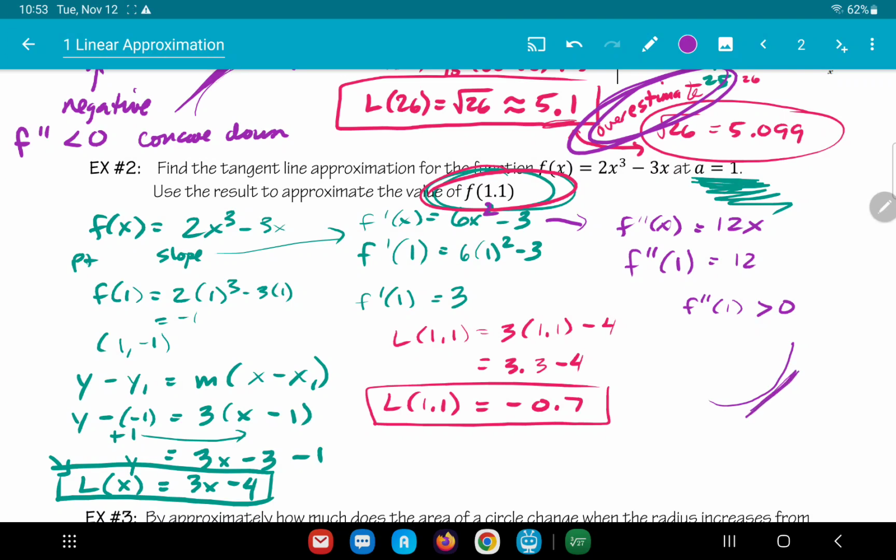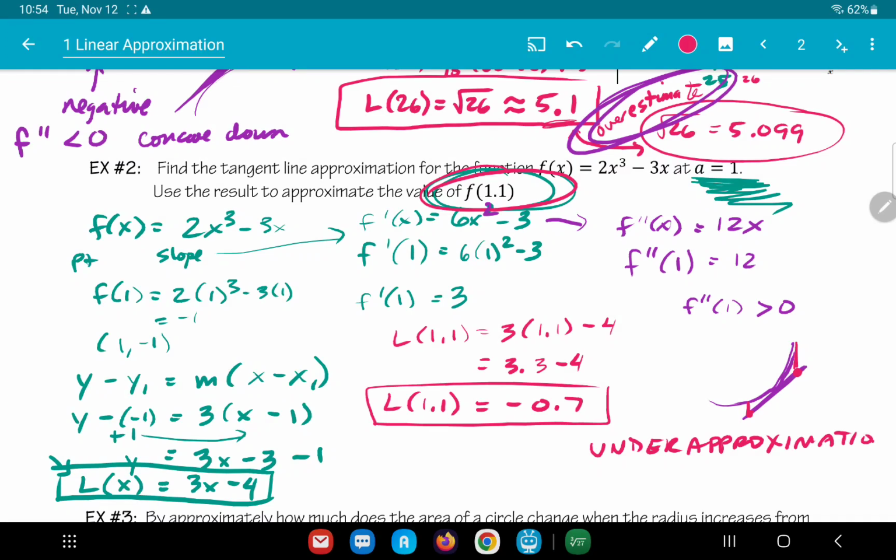Therefore, if we draw a tangent line approximation to anything that is concave up, you can actually see, look at that, our tangent line is below the actual curve itself, the actual graph. Therefore, because the tangent line is below the curve, this is going to be an under approximation.